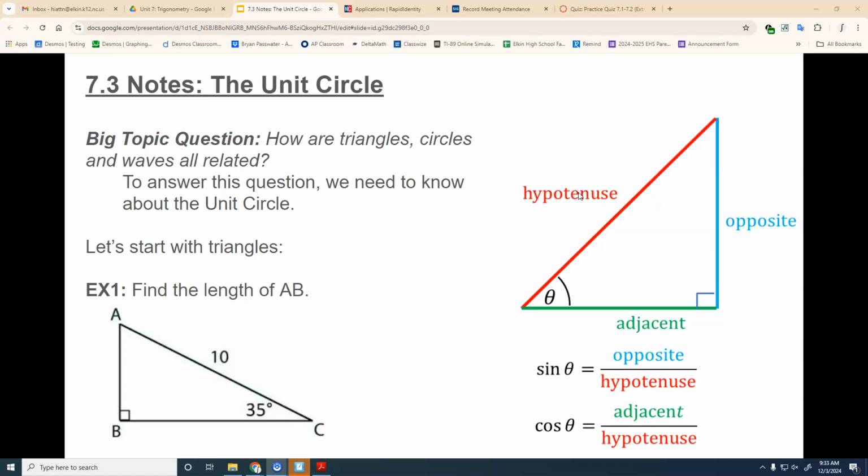You have tides, like ocean waves that you can look at. You have all kinds of things that are sinusoidal, that follow a wave pattern. So the unit circle is the key to going from triangle trig to wave graphs. Okay, so it's really important mathematically for the connection between those two.